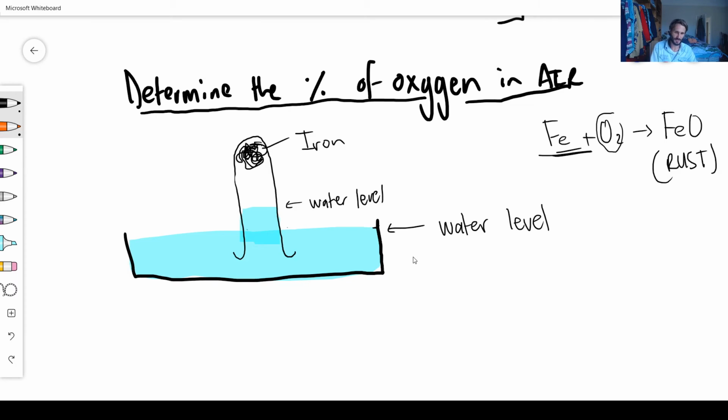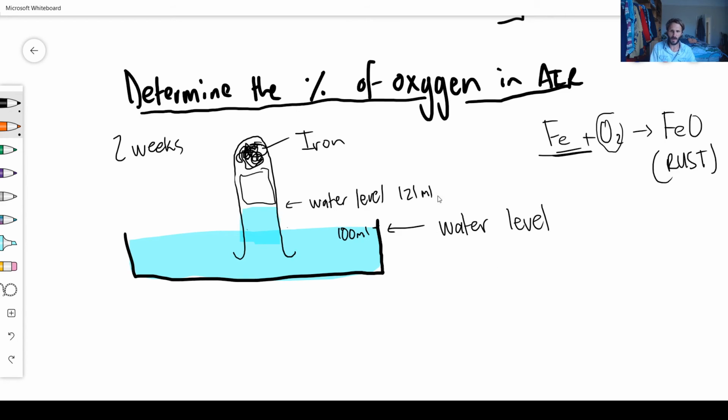What scientists can do is leave this for 2 weeks until all of the iron has taken up all of the oxygen in this space, and the water has not risen anymore. Then they can take the original reading, say 100 milliliters of water, and the new reading, which will be 121 milliliters.